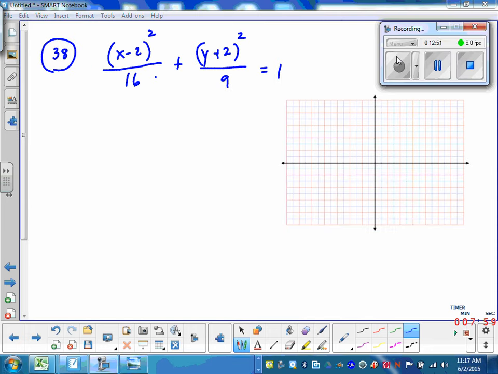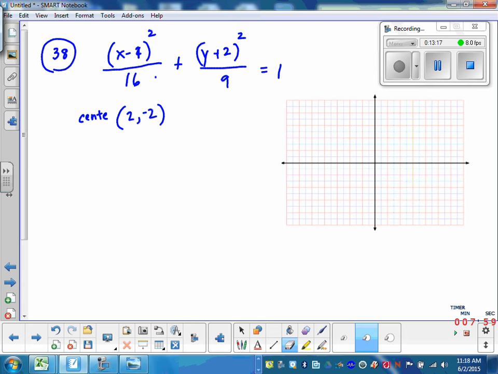Okay, hopefully you paused this and you've made some headway on your problem. The center you should find is at 2, -2. Did I copy the problem right? No, this is supposed to be a 1, isn't it? I remembered that because I was looking at one of your questions.